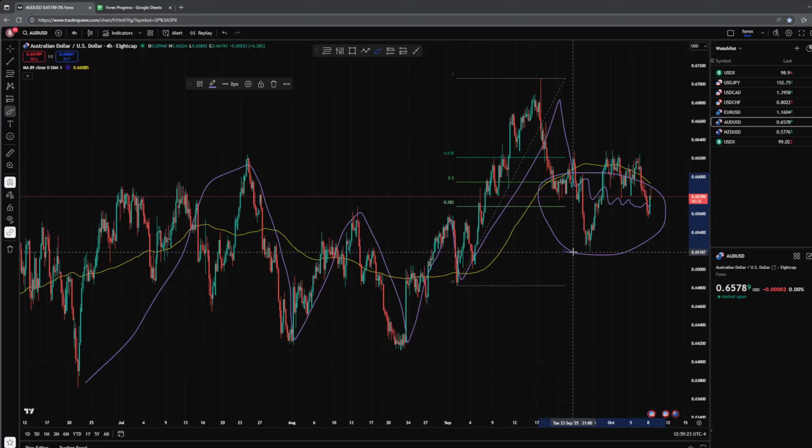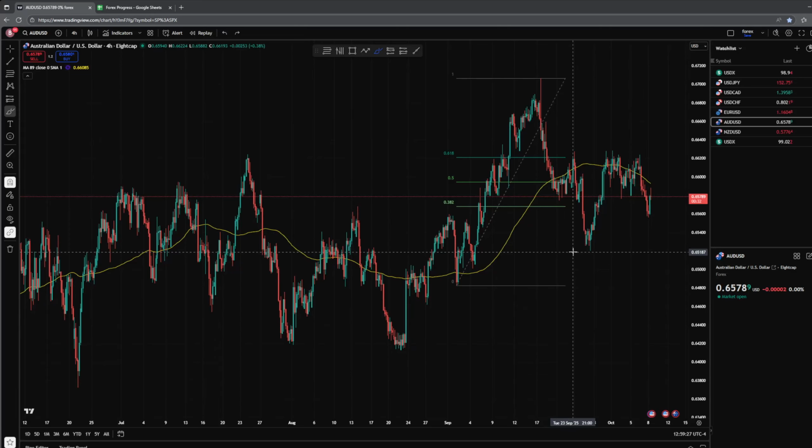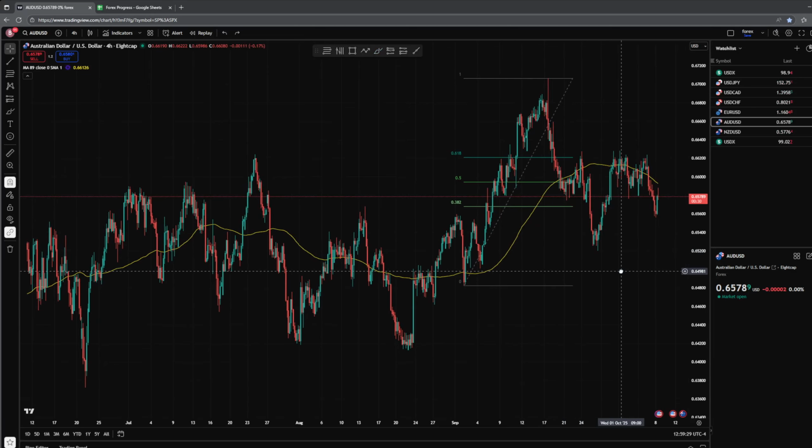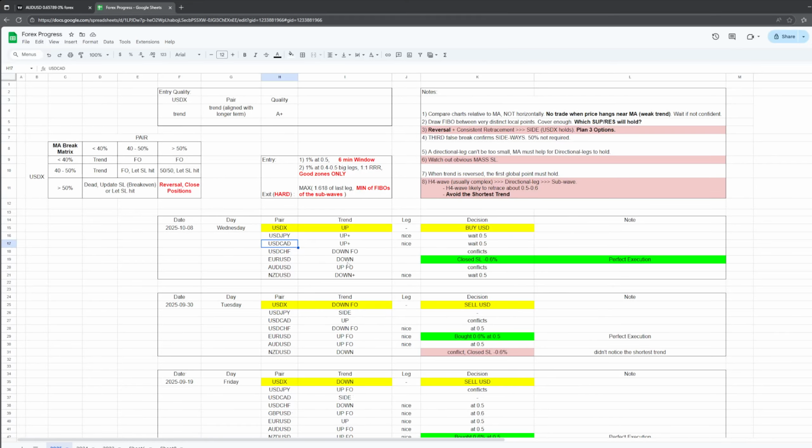USD is weak against the Australian dollar. So since we have conflicting stories, we're not gonna force any trade. So let's write it down. Aussie trend is up. Market is currently doing a fake out. Overall, this information is conflicting with the USD index chart. That's why we're not gonna force any trade on Aussie.